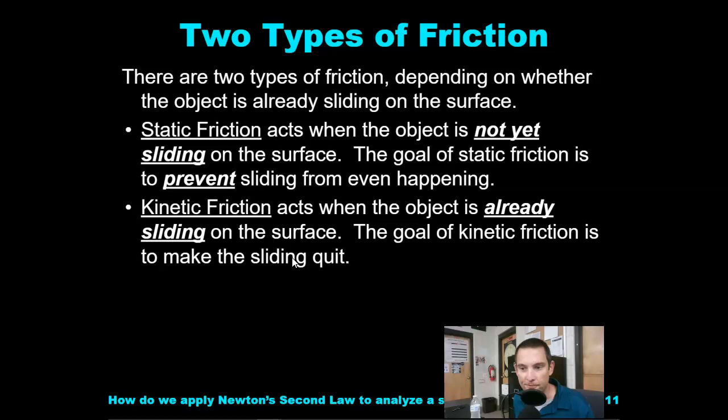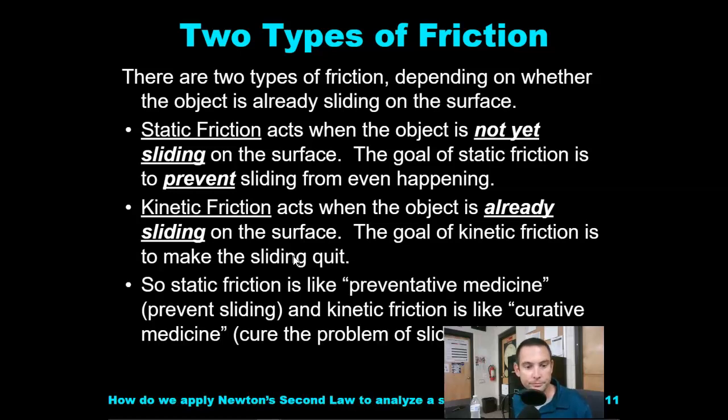The goal of kinetic friction is to make sliding quit. Understand the goal of those two. Have that committed to memory. So static friction is like preventative medicine. It prevents sliding. And kinetic friction is like curative medicine. It cures the problem of sliding.